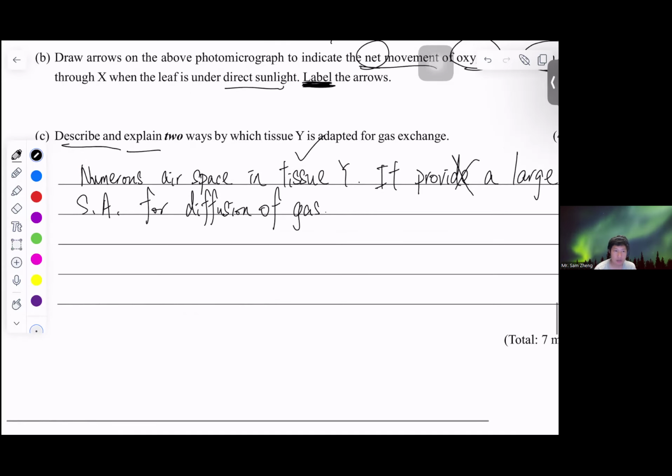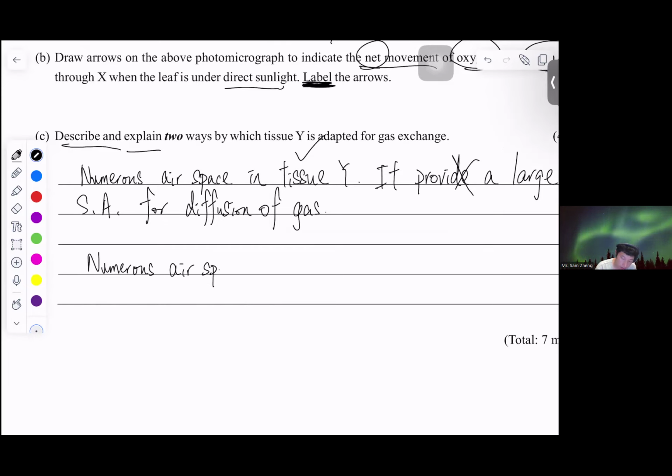Now, there are some students who make a mistake. What mistake is it? Remember, numerous airspace does not equal large airspace. Numerous means that there are many airspaces within the tissue.